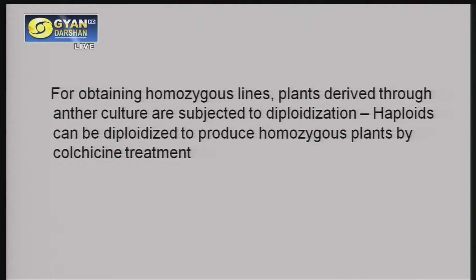So you see, we have gone through different techniques. We have gone through organogenesis, protoplast fusion technique, and anther culture technique. There are so many things. You can get callus formation also.